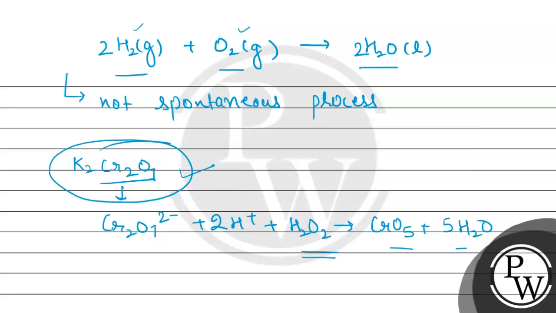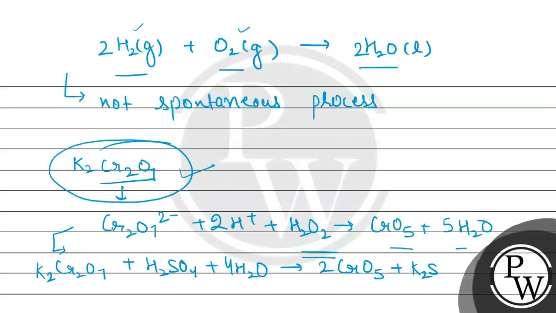And for this reaction to be occurred, जो हमारे पास K2Cr2O7 है, that is acidified with the H2SO4. So अगर हम इस reaction को complete लिखना चाहें, that can be written as K2Cr2O7 which is the potassium dichromate reacted with the sulfuric acid H2SO4 plus H2O2, that is the hydrogen peroxide, which leads to the formation of the CrO5 chromium peroxide जो होता है हमारे पास.